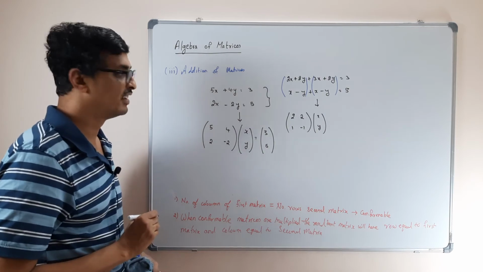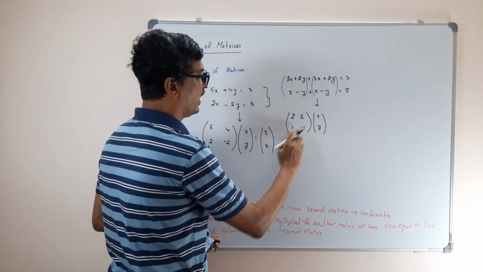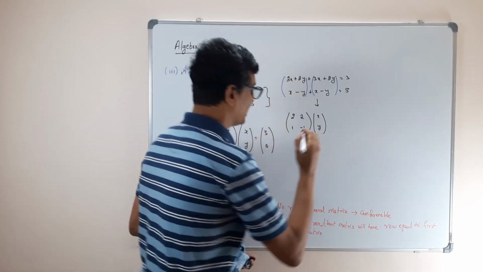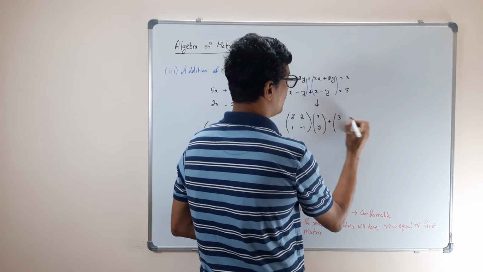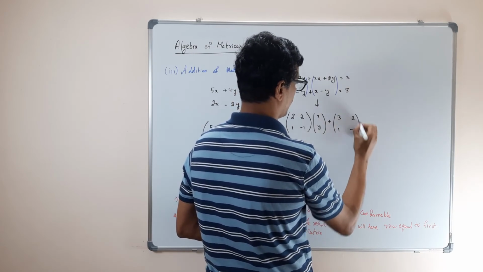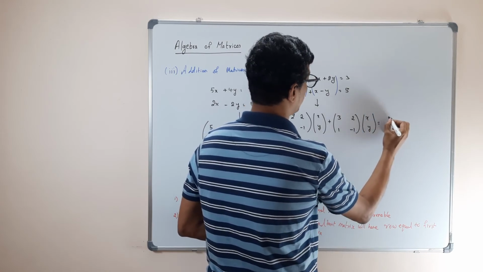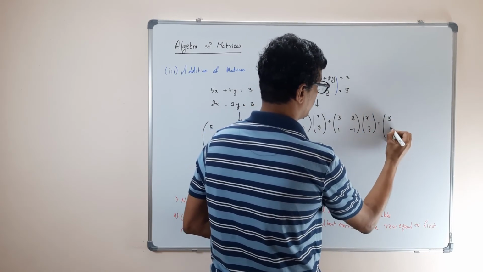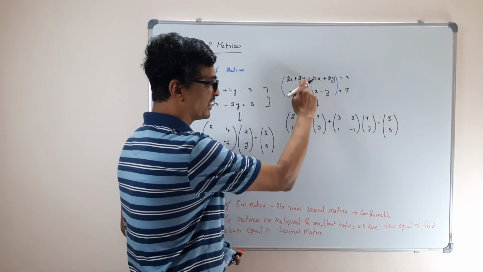Am I right? So 2x plus 2y, x minus y. And then I will write plus again here 3, 2, 1 and minus 1. Here also will be x, y, and that will be 3, 5. See, this has to be plus because only the number will get added because the plus is there.